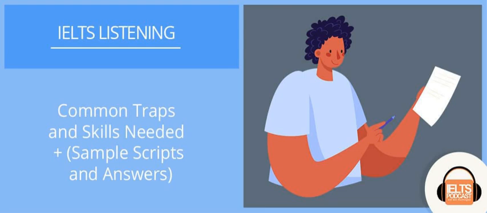Let's have a look at the traps. This is probably one of the most valuable parts of this tutorial. Now, the first one is contradictory information. The speakers might provide information and then correct or modify it later. For example, the seminar will be held on March the 12th.